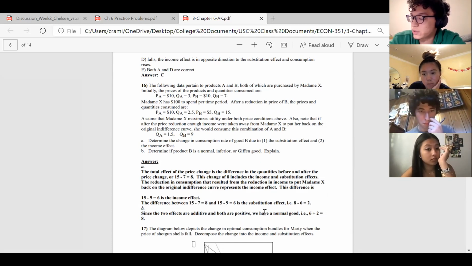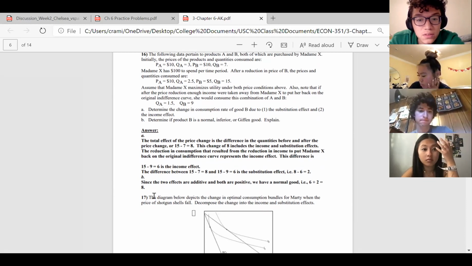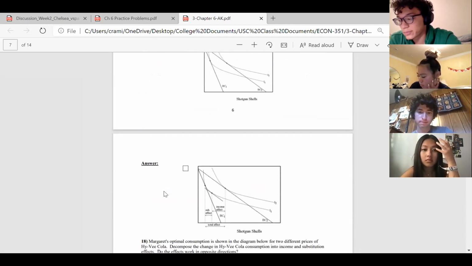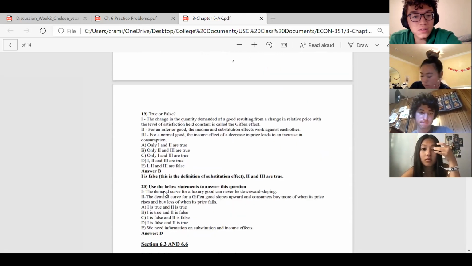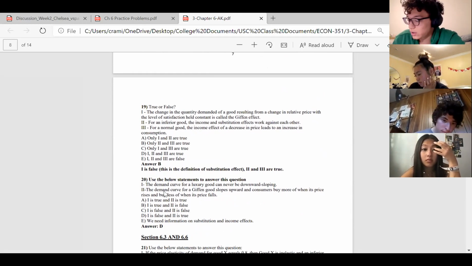Okay, so 2 is the substitution effect and 6 is the income effect. And then this is a normal good. And skipping the graphs, 19 is B, 20 is D.